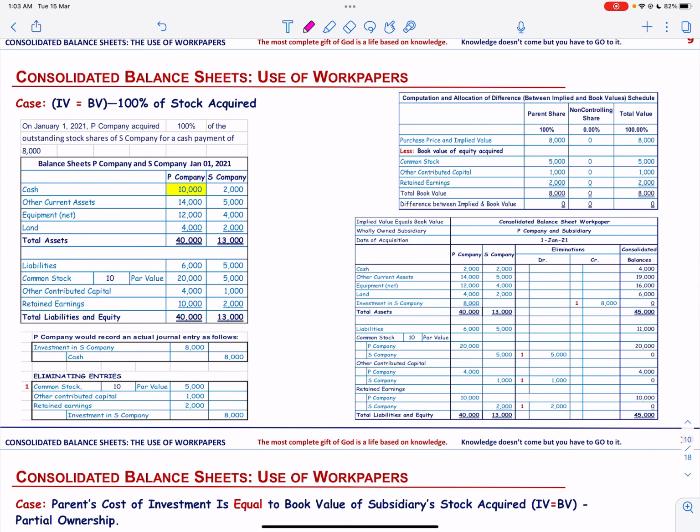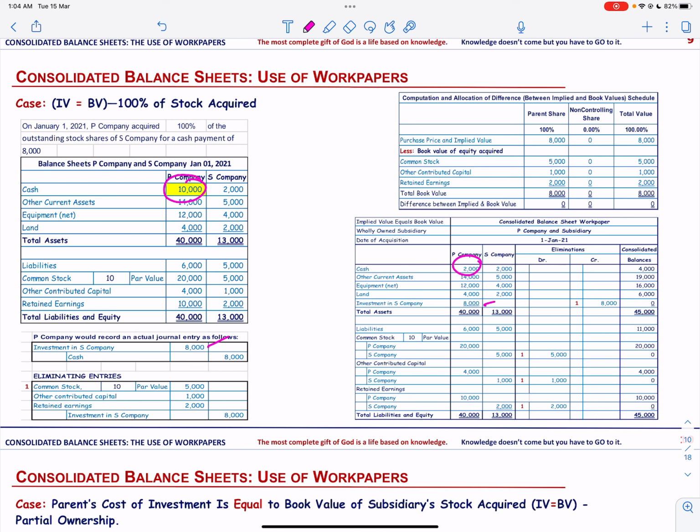Immediately after the acquisition, P company has 2,000 in cash. Before acquisition it was 10,000, and 8,000 in an investment in S company account. These amounts appear in the first column of the work paper. The implied value of the subsidiary equals the purchase price.